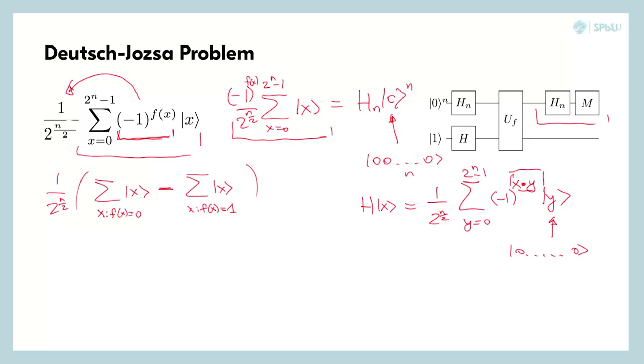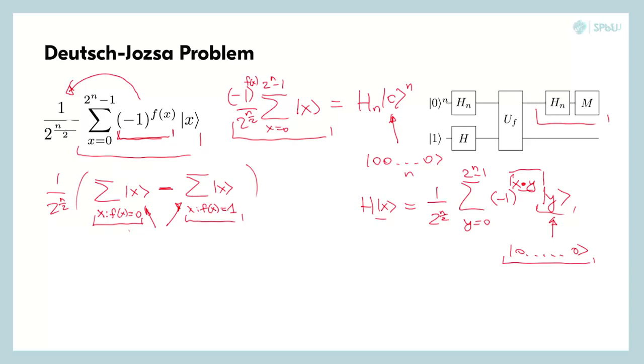So for any vector x, if we apply the Hadamard transform to it, it will be the sum of all basis vectors of the space, but this vector with zeros will always be with a coefficient plus 1. And we have equal amounts of terms in this and this sum, because the function is balanced. And we remember that these sets have the same number of elements.